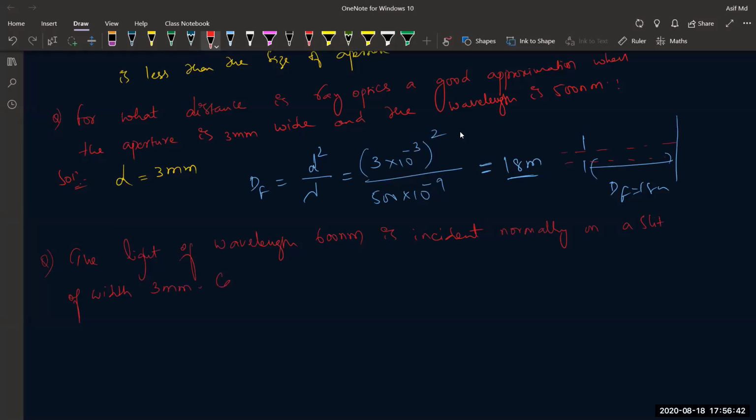Calculate the linear width of central maximum on a screen kept 3 meter away from the slit.